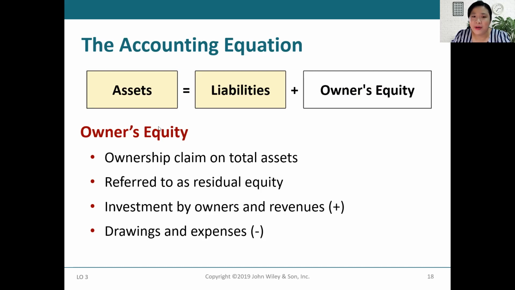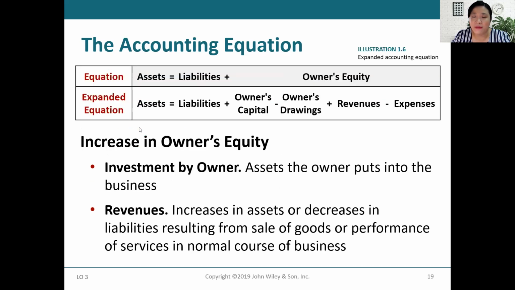Owner equity, what is that? It's the ownership of the owners, or the investment of the owners. So we can rewrite the accounting equation by saying assets equal liability plus owner's capital minus owner's drawing plus revenues minus expenses.